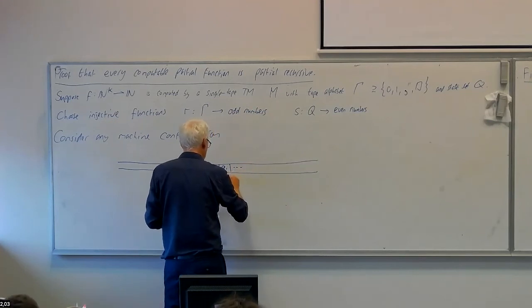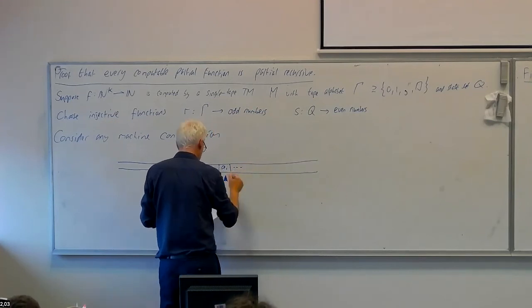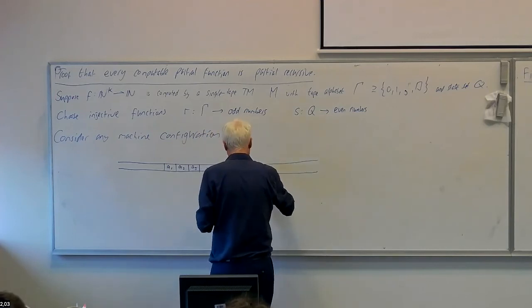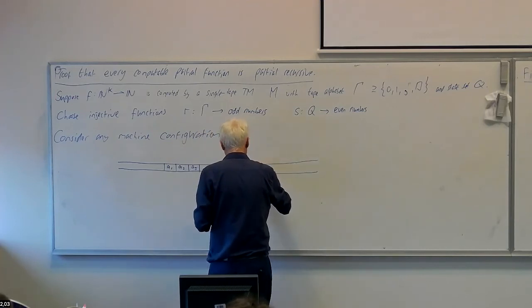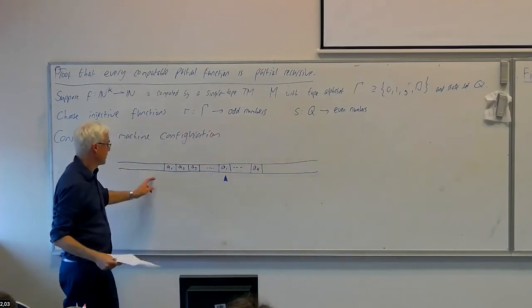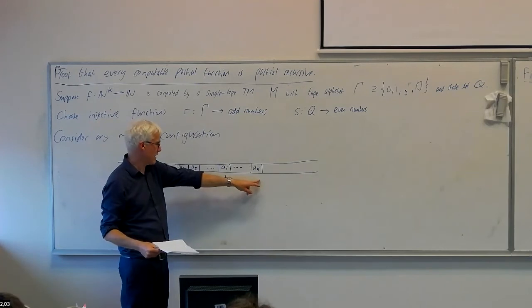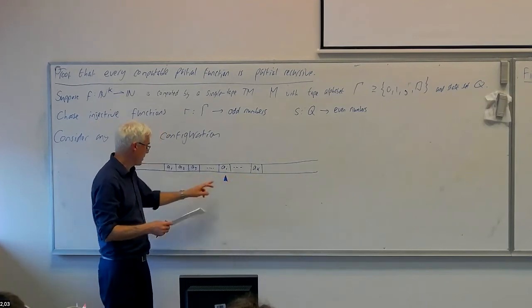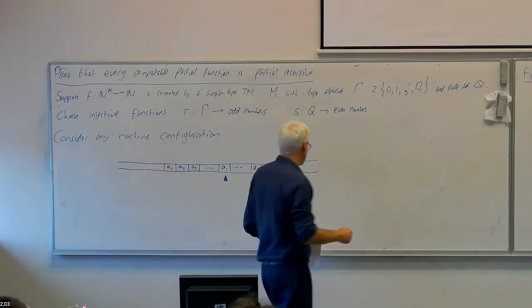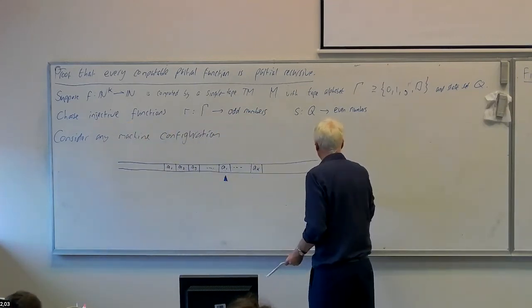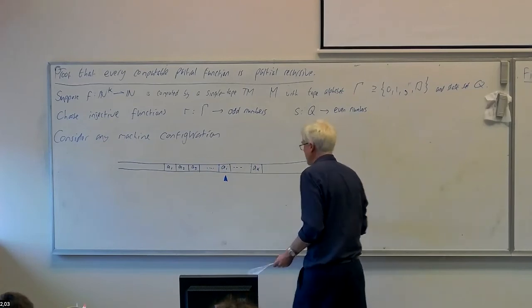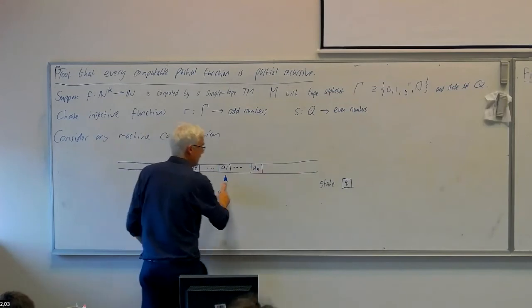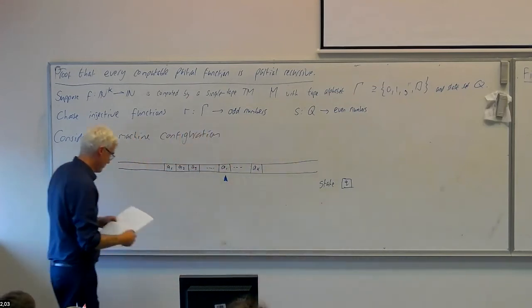We've got the head position in the interesting part, by definition, and it goes up to a_k for some k. We've got some long word over the tape alphabet that contains all the interesting parts of the tape, including the head position. And we have a state. Remember, these are the three parts of a machine configuration: tape content, head position, and state.